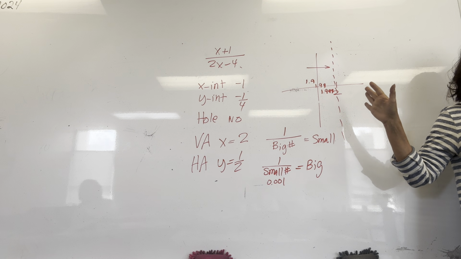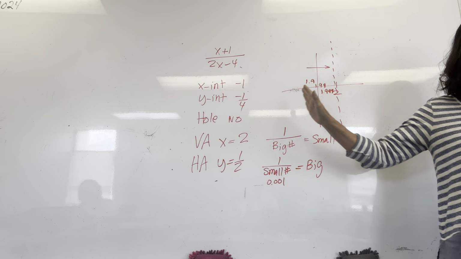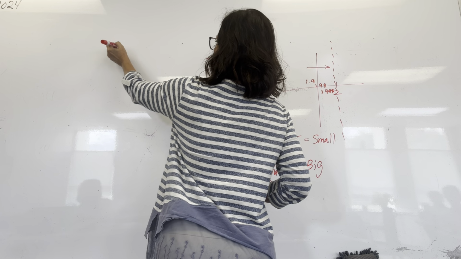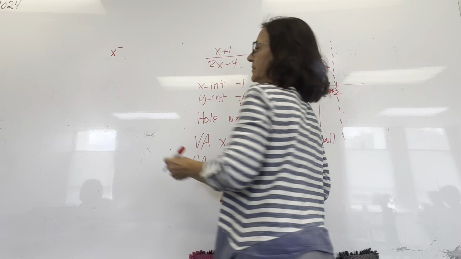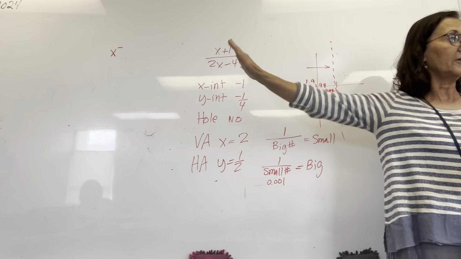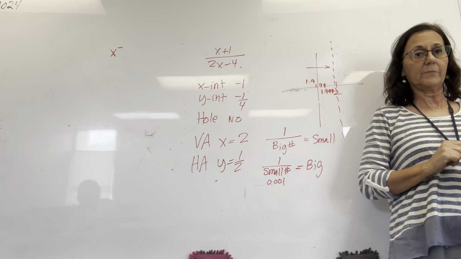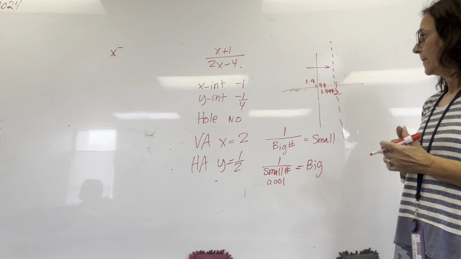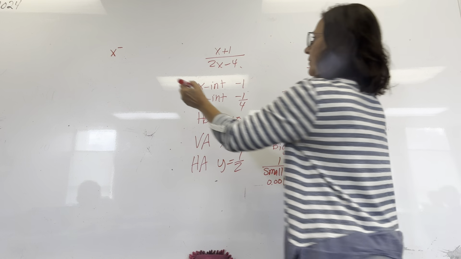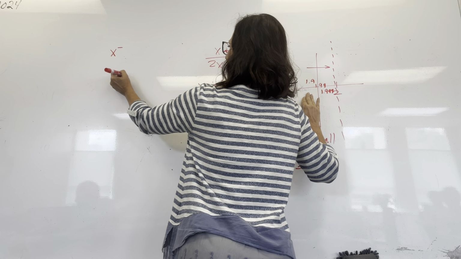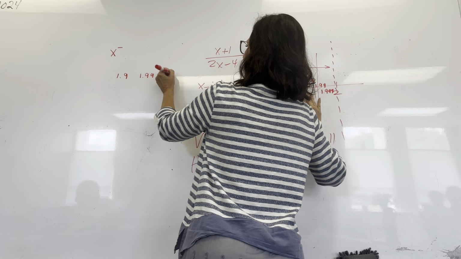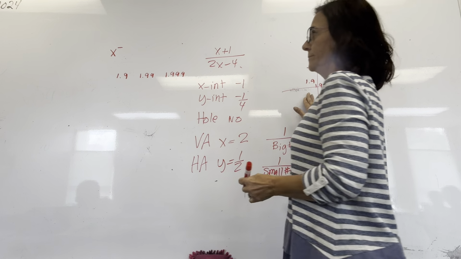So we look from the left, as x approaches the asymptote from the left. We're going to plug in numbers for x: 1.9, 1.99, 1.999.